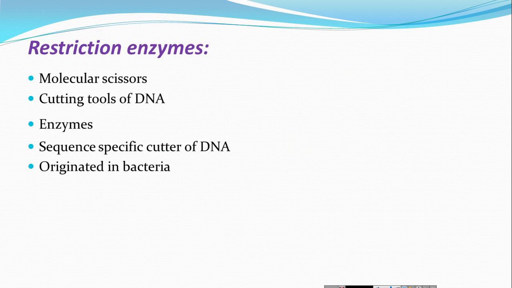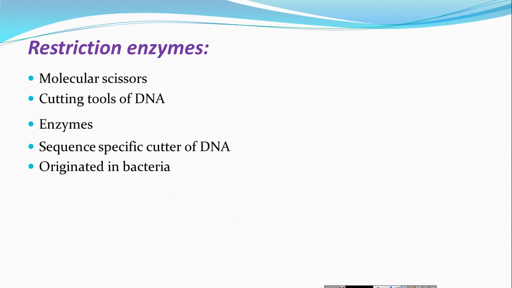First we'll start with restriction enzymes. Restriction enzymes are also known as molecular scissors. These are cutting tools of DNA. These are enzymes having the capacity to cut the DNA at specific sequences only, and therefore they are also known as sequence specific cutters of the DNA.